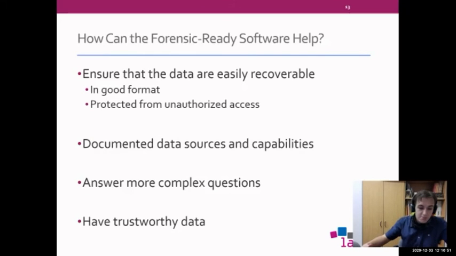What data can they provide, and what can it give to answer more complex questions than the usual, if there exists a file that has certain properties. Forensic readiness software can automatically answer more complex questions, give more detailed information, and also be trustworthy. So we can really trust the data they produce.